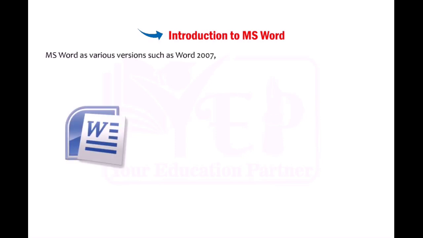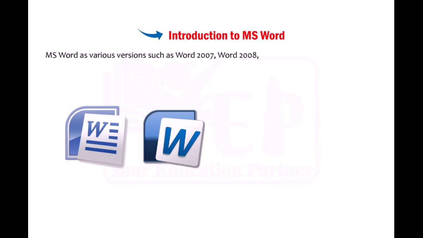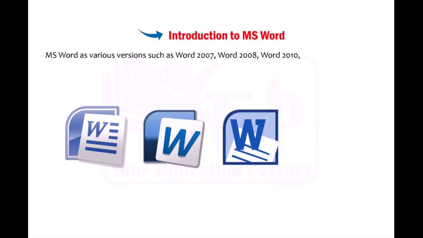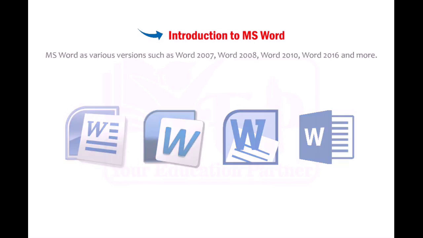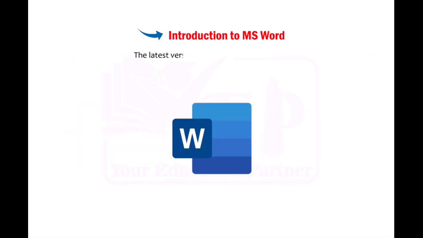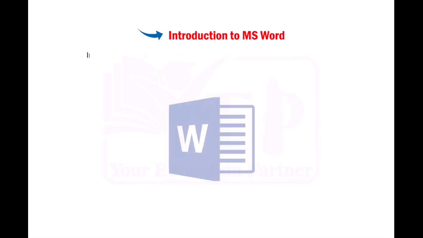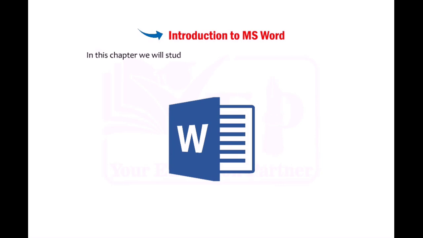MS Word has various versions such as Word 2007, Word 2008, Word 2010, Word 2016 and more. The latest version of MS Word is Word 2019. In this chapter we will study and learn about the features of Word 2016.